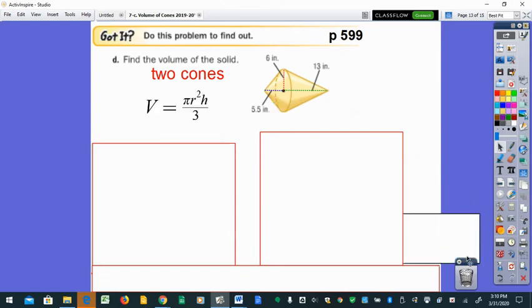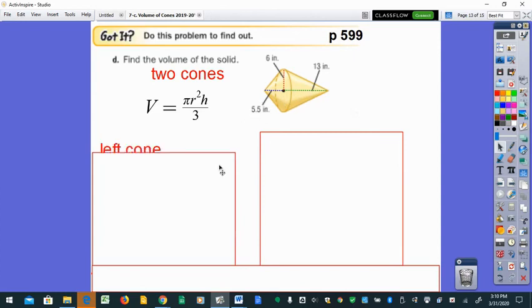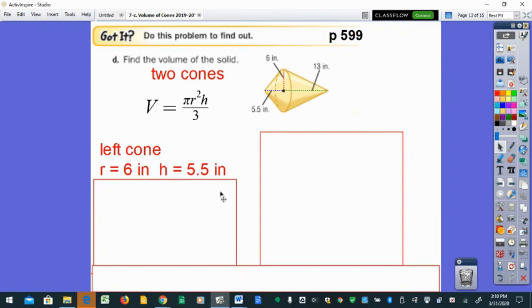Remember, this is our volume formula. We're going to take pi times the radius squared times the height of the left-hand cone, divide it by 3. And we're going to do the same thing with the right-hand cone. And when we're done, we're going to add them together because these two cones are stuck together. So we're going to add their volume. So the left-hand cone has a radius of 6 and a height of 5.5.